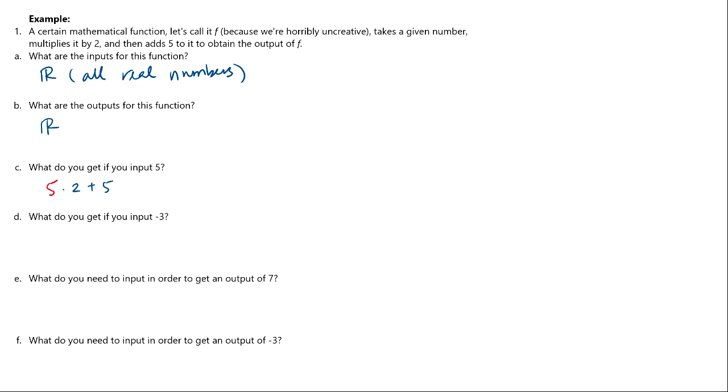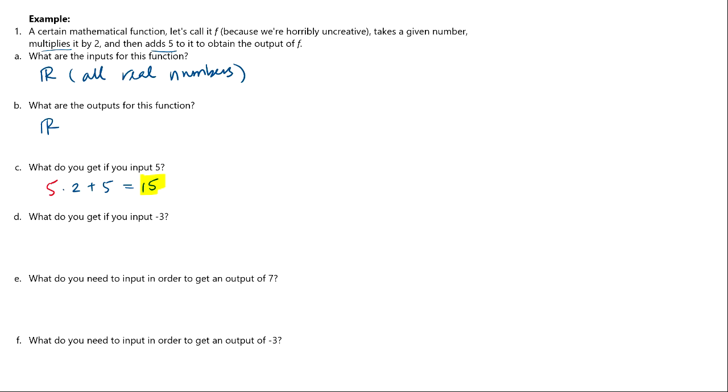While I'm writing down this expression, I'm following the steps that I was told to do. We multiply by 2 first and then add 5 to the result in order to get the output. So 5 times 2 plus 5 is what we get, and as a result we should get the output being 15.